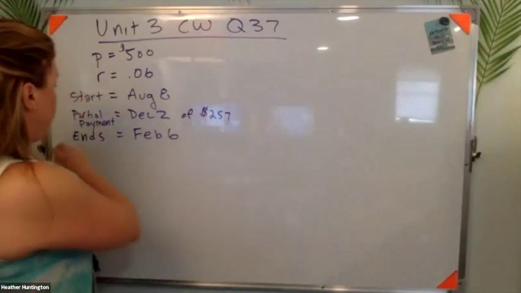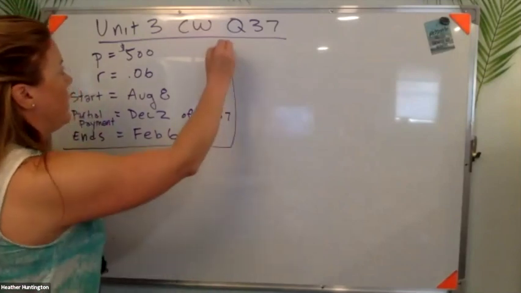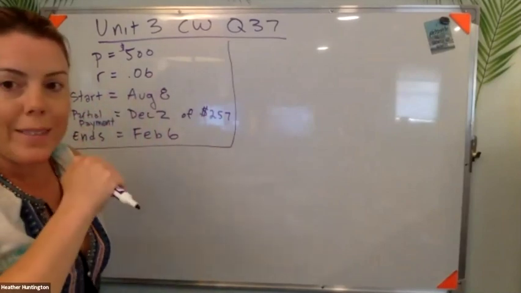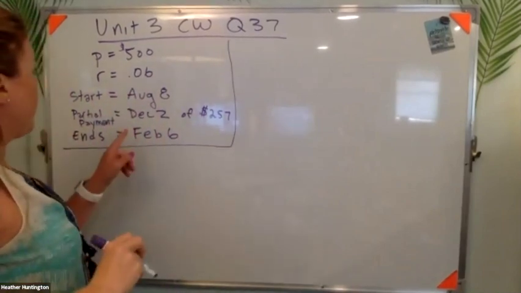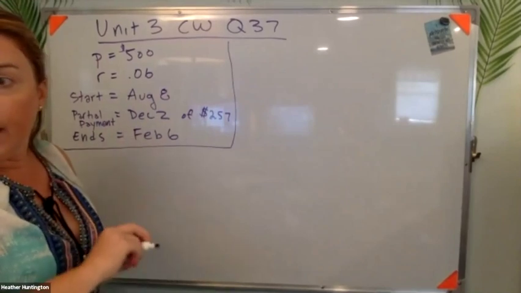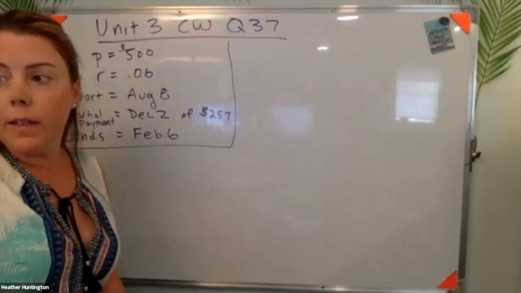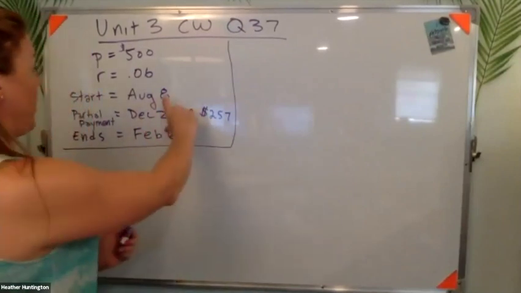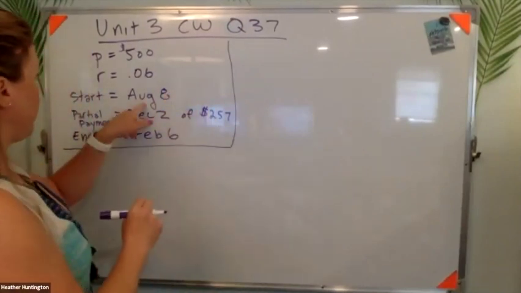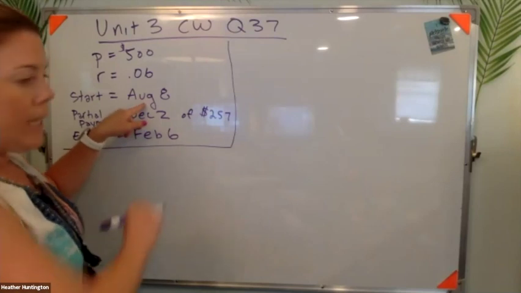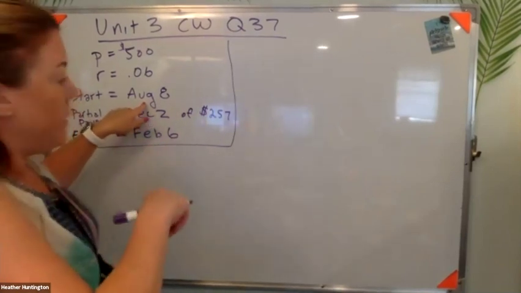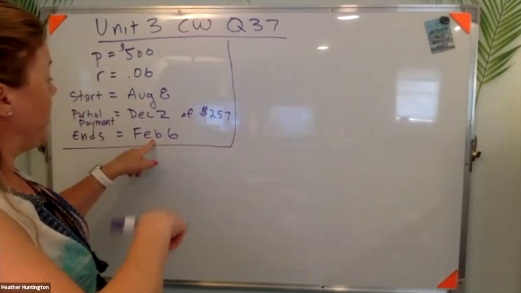All right, so let's just step back and understand what is going on here. So we borrowed $500 at 6%. And we'll have to figure out how many days this is, but it started in August, the 8th month of the year, and it's going to end in February, the 2nd.